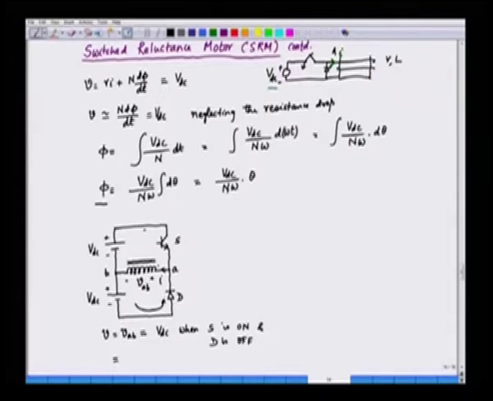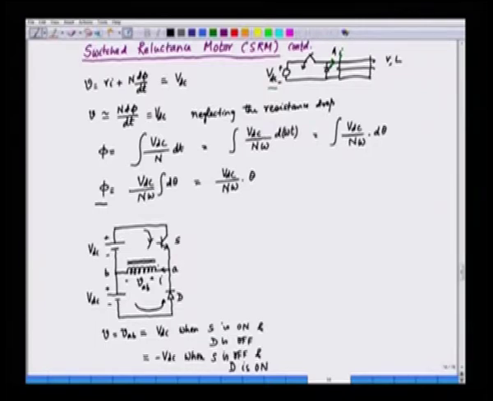Earlier it was flowing through the transistor, now it will be flowing through the diode, and the diode turns on and S turns off, and as a result we can see that VAB will be in this case minus VDC when S is off and D is on.